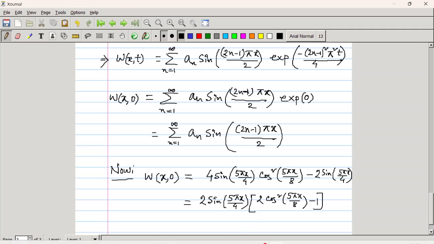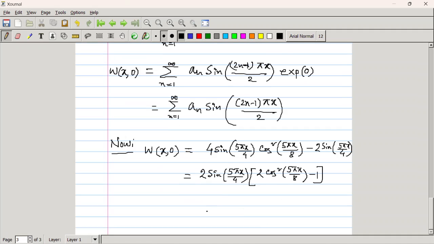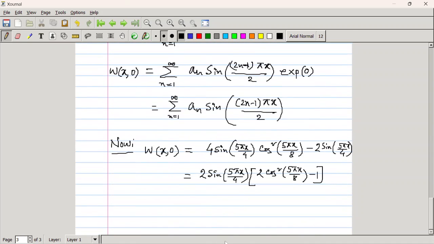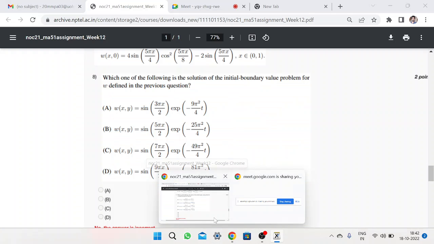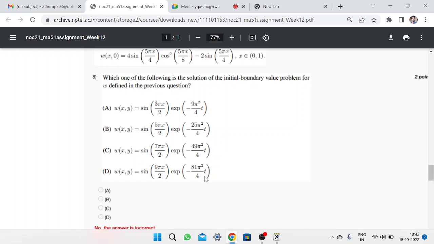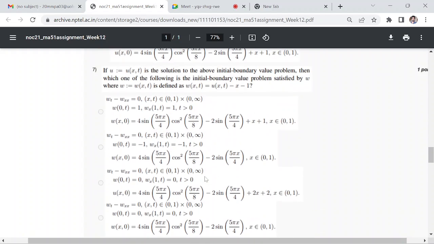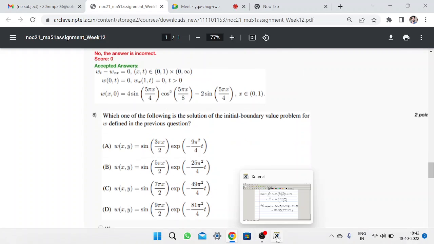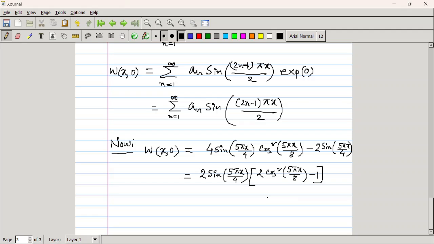Okay, 2 cos square theta minus 1 is cos 2 theta.